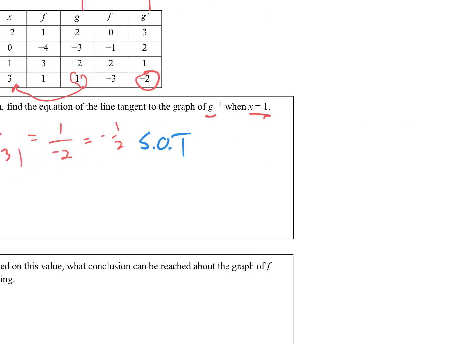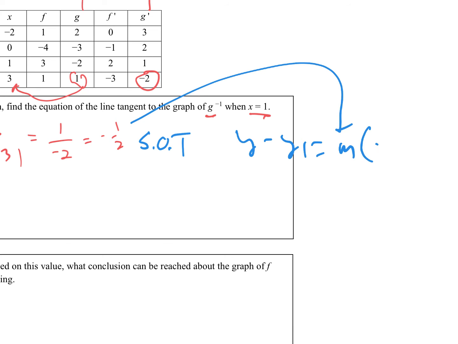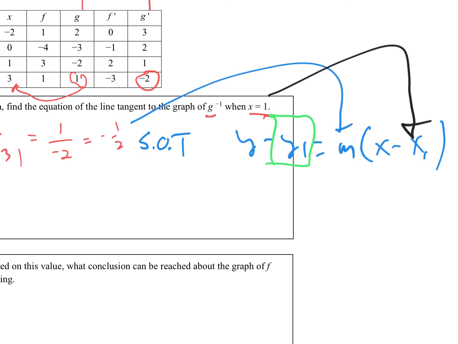Because remember what the equation is. Y minus y1 equals the slope, that's this right here, times x minus x1. And x1 must be this negative 1 right here. So that's already going to be done. Minus minus 1. What am I missing? The y. The point of tangency.